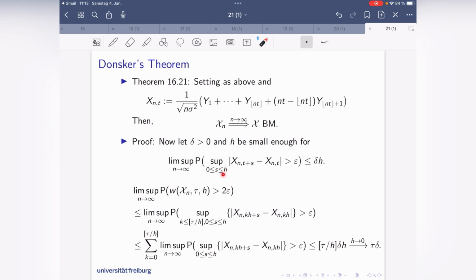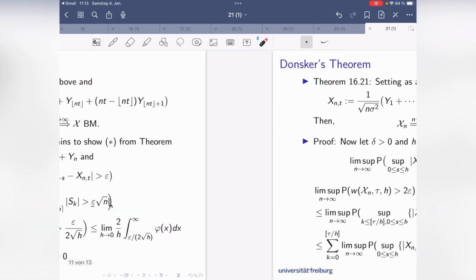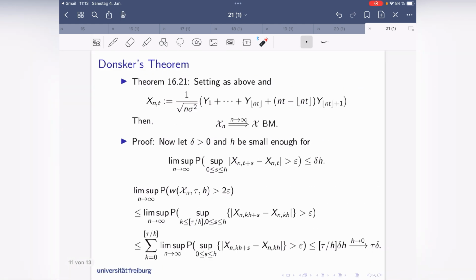So an h is here, from here. We've shown that it's converged to 0. That means we choose h small enough such that this thing here is less than h times delta.